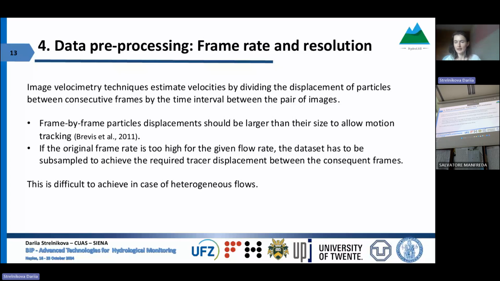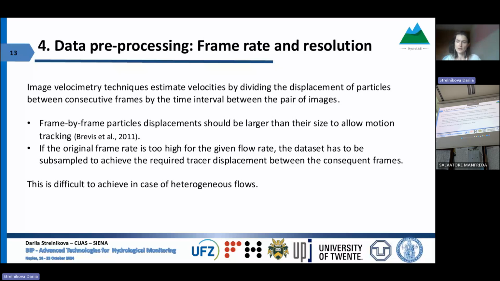It will also reduce the computational load. We will have to perform less analysis, and we will be able to get better results. It's not very easy to find the optimal subsampling rate if we have heterogeneous flows where part of the flow is fast and another part is slow. But in most cases, subsampling makes sense.